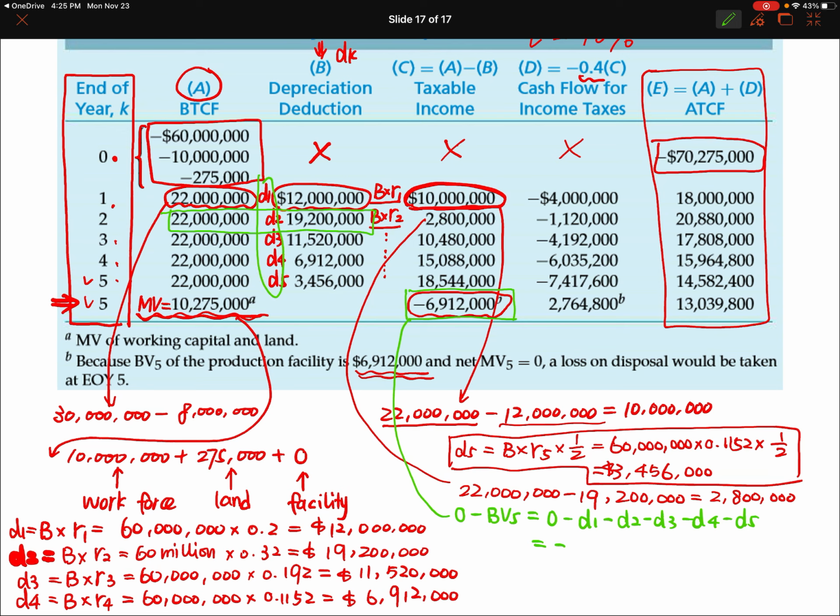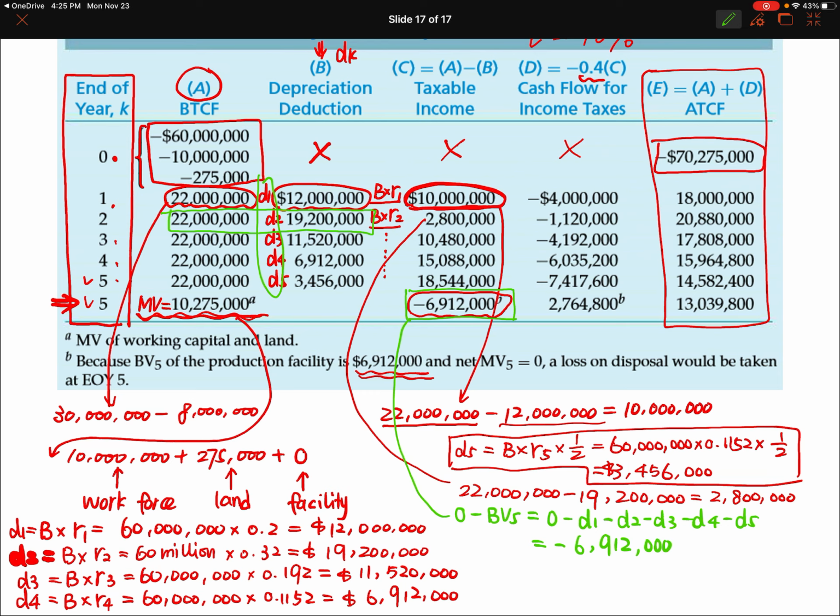So the answer, if you calculate that, it's gonna be negative 6,912,000. That's how you have this number in this cell.